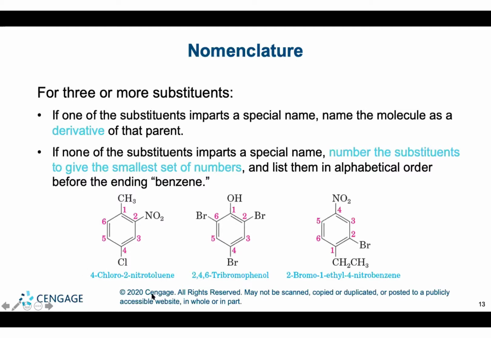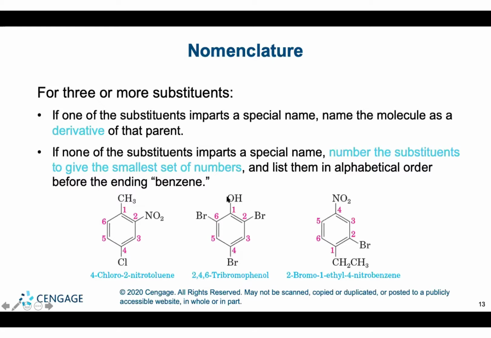Then when we write it down, I go based on alphabetical order. It's going to be 4-chloro-2-nitrotoluene.